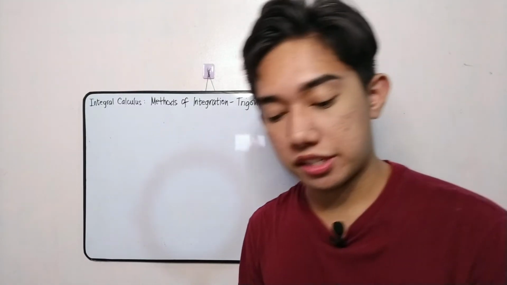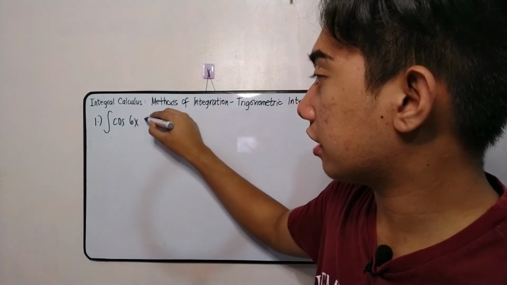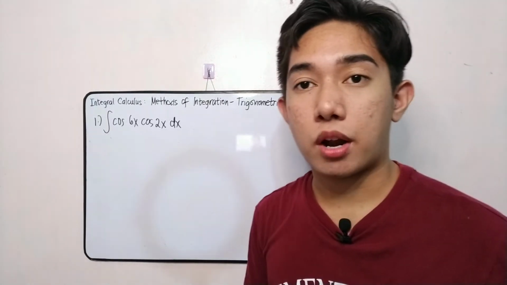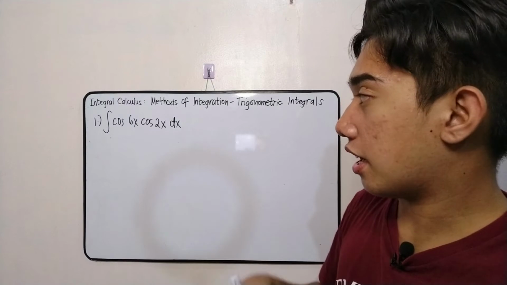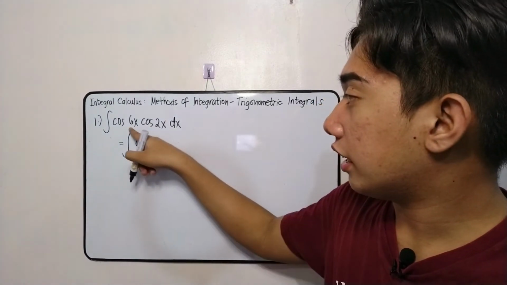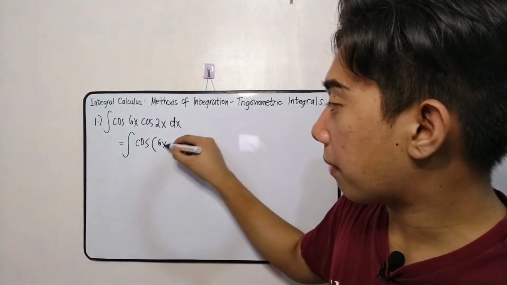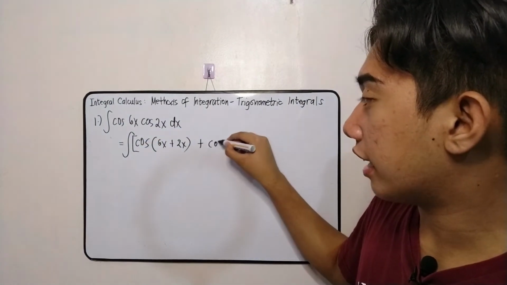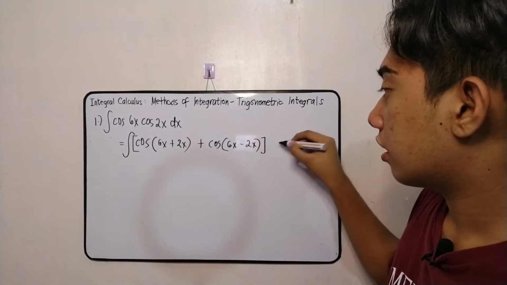Let's have our first example: the integral of cosine 6x times cosine 2x dx. You notice it is a product of two cosines. So what we'll be using in this case is the integral of cosine of quantity u plus v, therefore cosine of 6x plus 2x, plus another cosine, then you subtract, 6x minus 2x, dx.